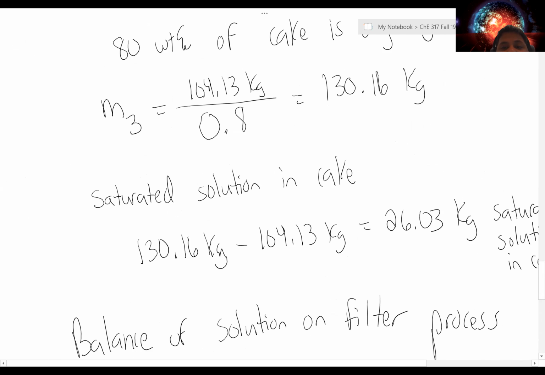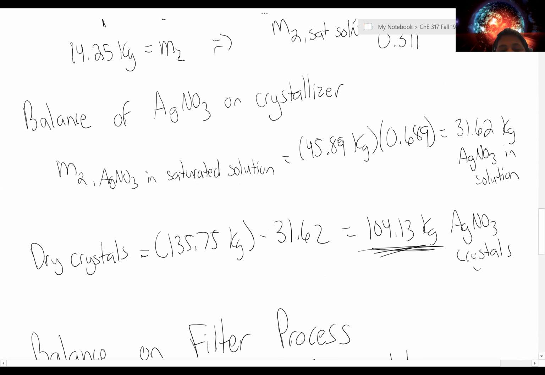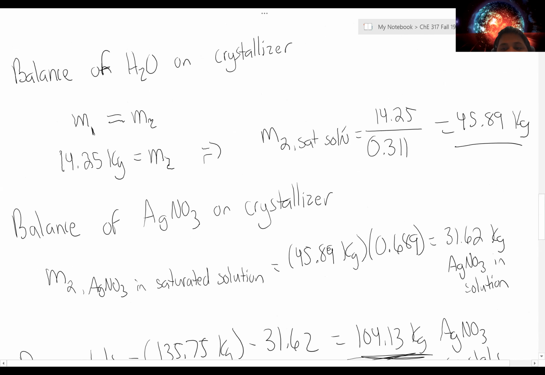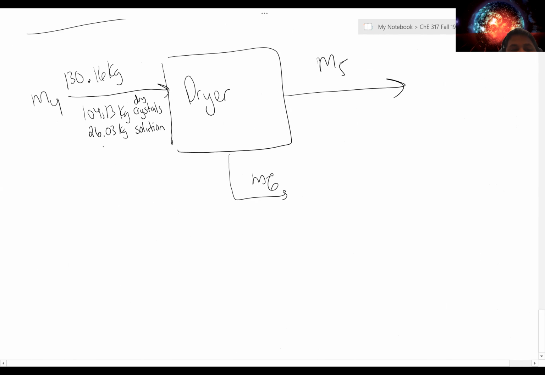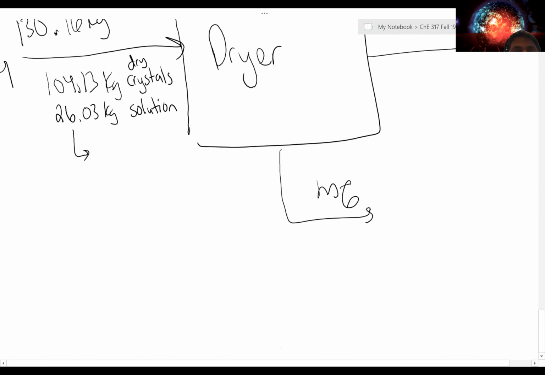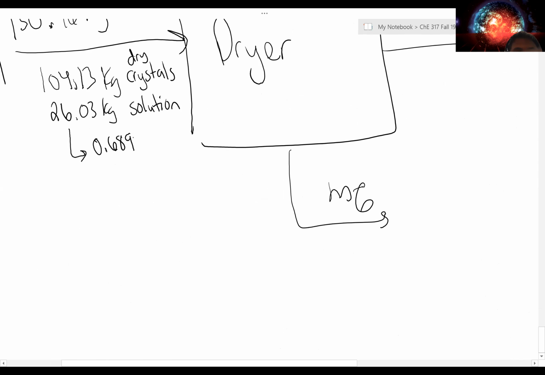And since we knew the solubility, we know the breakdown of concentration in that saturated solution, right? Because at that saturated solution, I know that it was about 0.689 kilograms per kilogram crystals, or silver nitrate, I should say, and only 0.311 kilograms per kilogram water.